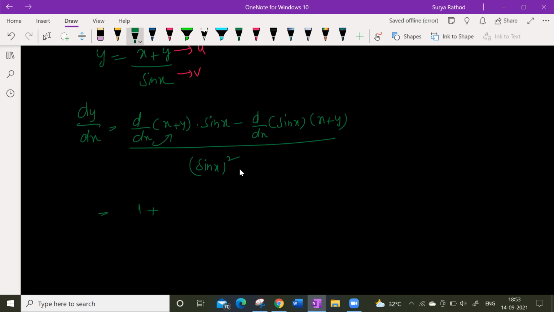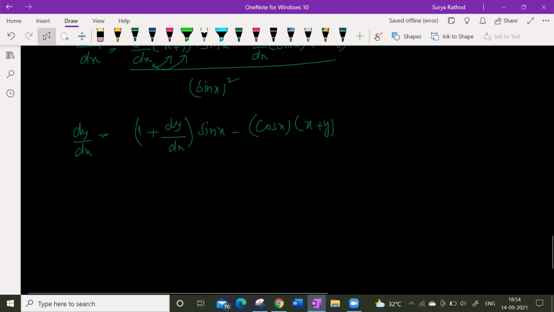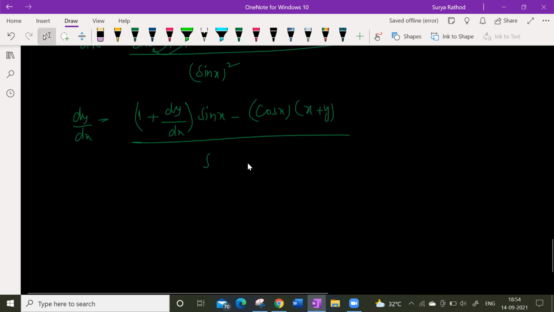So dy by dx of x is what? 1 plus dy by dx of y is what? dy by dx, yes or no? dy by dx into sin x as it is, minus dy by dx of sin x is what? cos x into x plus y, divided by sin x whole square.